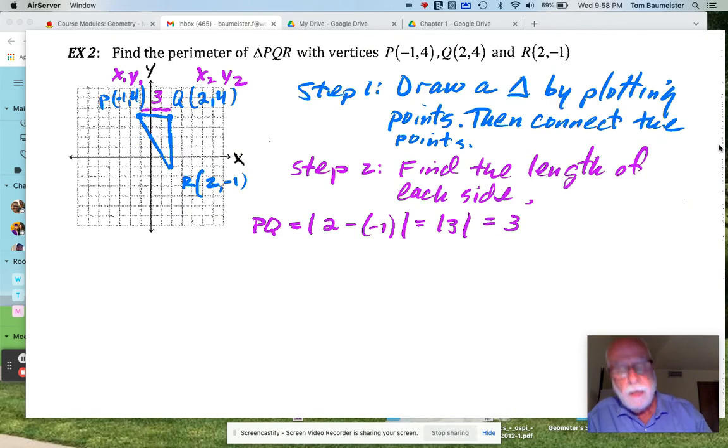So really, if it's a horizontal line or a vertical line, start at a point and just count the number here. So QR, I'm going to say the same thing. All right, QR is going to be, if I start at Q, there's 1, 2, 3, 4, 5. And again, if I used our x2 minus x1, so again, I could call this one here now x2 and y2, and this one would be x1, y1 for the one that we're doing.